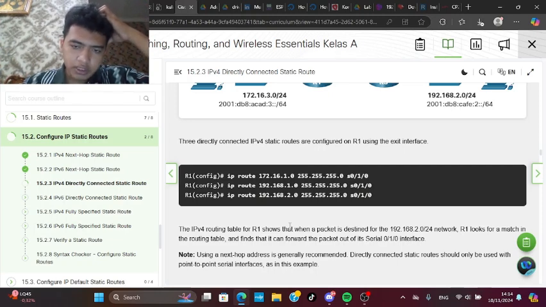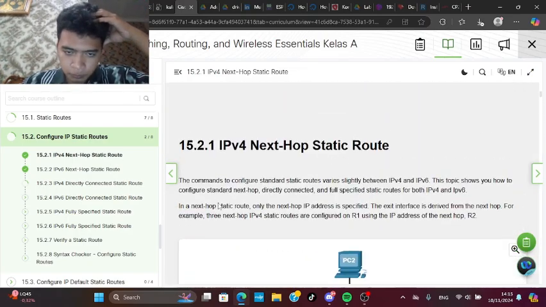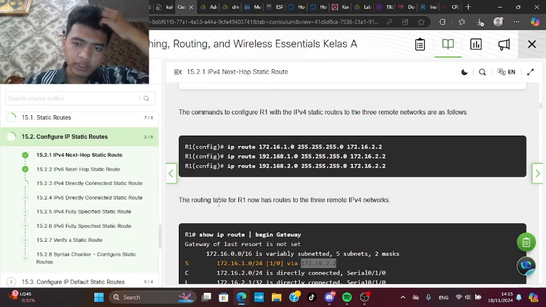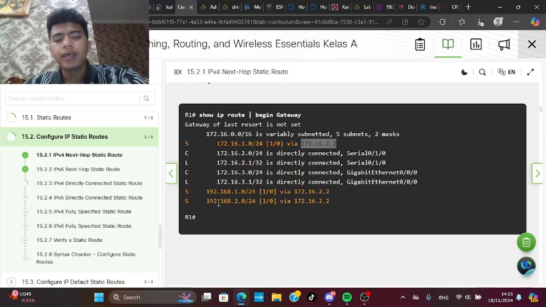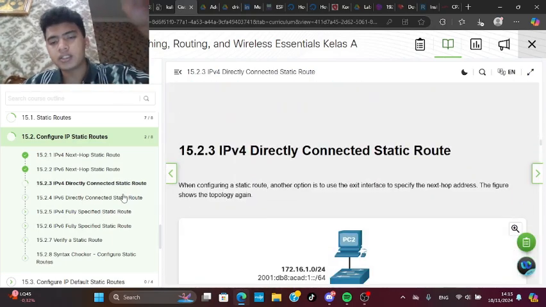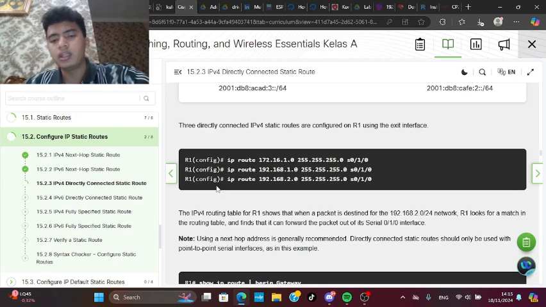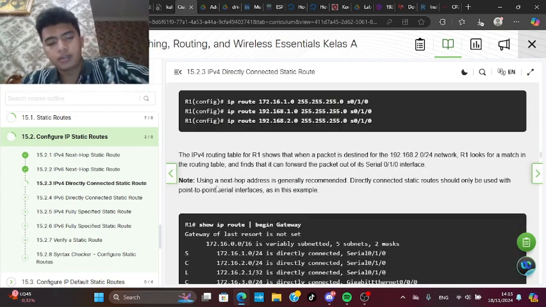Okay, so the difference is that in the next hop route we use the address of router 2 at the end of the command, and in the directly connected static route we use the interface at the end of the command.